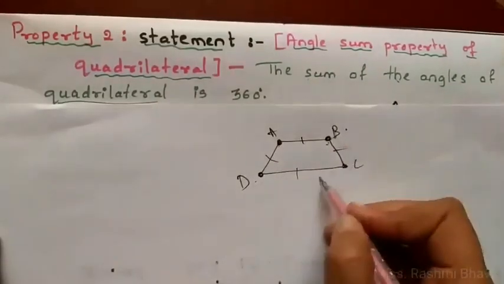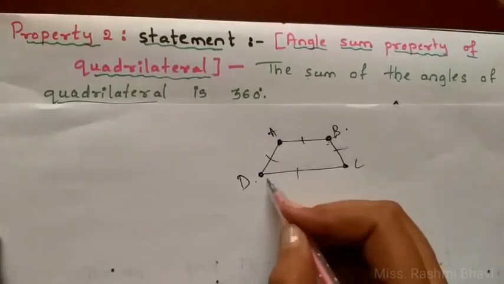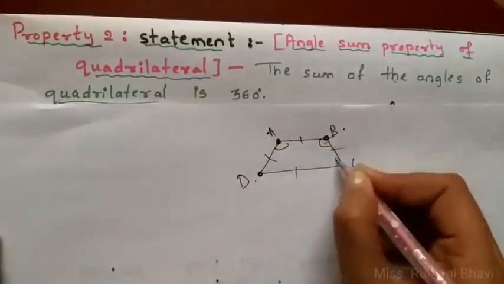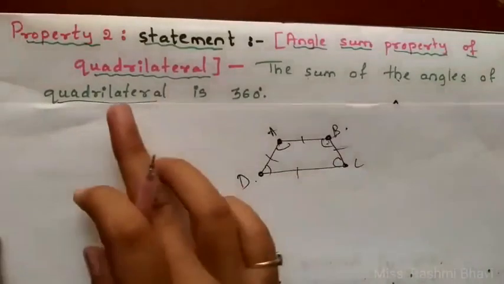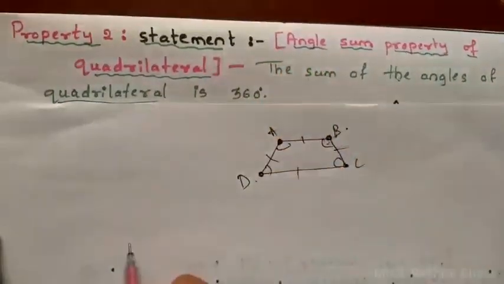These are the 4 sides. 4 vertices, 4 sides and 4 angles: angle A, angle B, angle C, angle D.